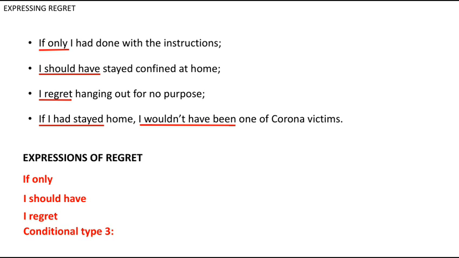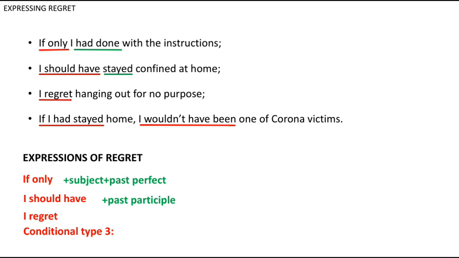Okay, now look at the words or the verbs that follow these expressions. In the first one we have if only plus what? Plus subject plus past perfect. Okay, I subject had done, the structure of past perfect. Yes, in the second one I should have plus what?